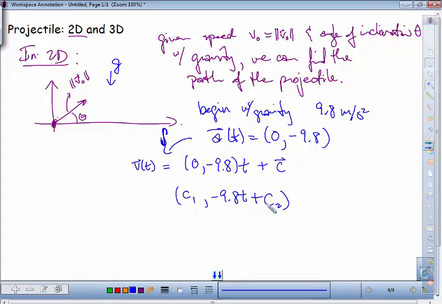And so if you look at C1 comma C2 as this vector, and then the other one multiplied by the scalar t, this is what we would get. Okay?